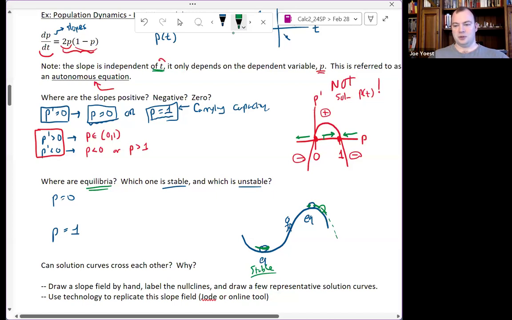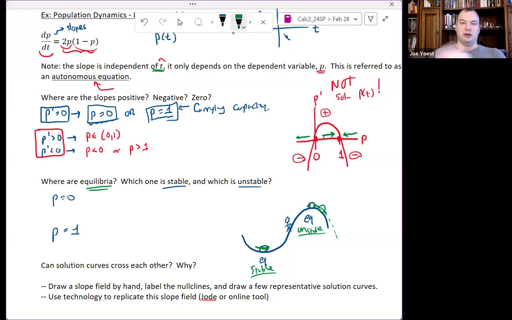This is an unstable equilibrium. If I'm close to, but not right at that peak, my ball is going to either fall to the right or fall to the left. The only way I can stay balanced at that peak is if I'm perfectly right on that equilibrium.